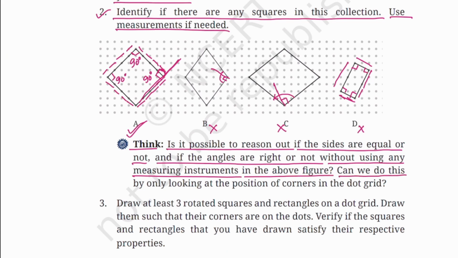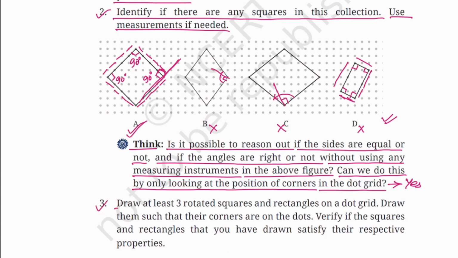Can we do this by only looking at the position of corners in the dot grid? The answer is yes. You can see it here. On a dot grid, you can easily identify whether a figure is a square or rectangle without using compass, ruler or protractor.